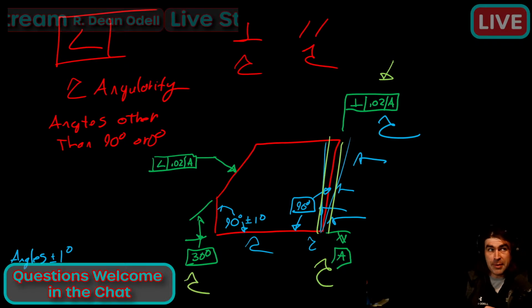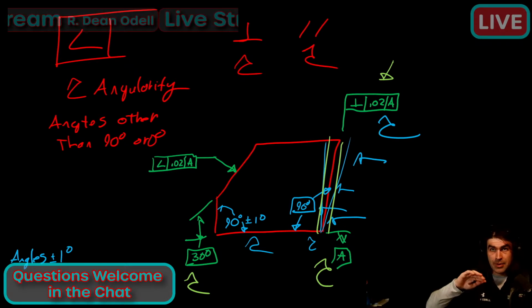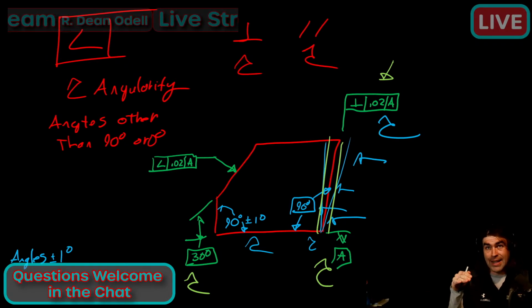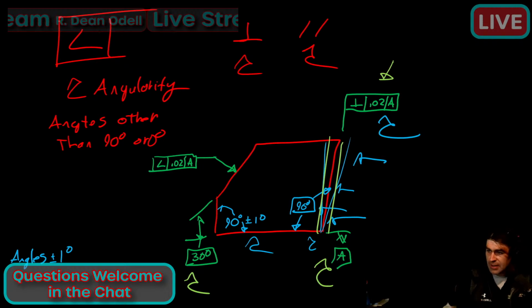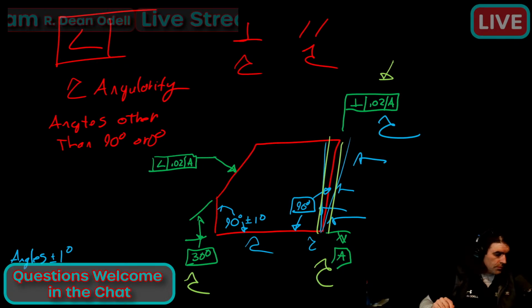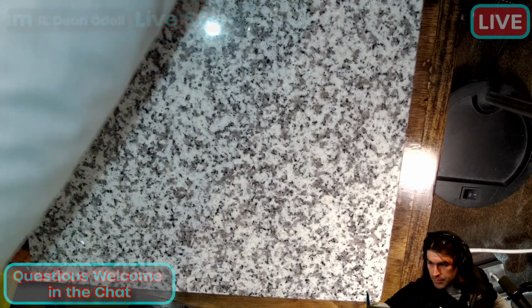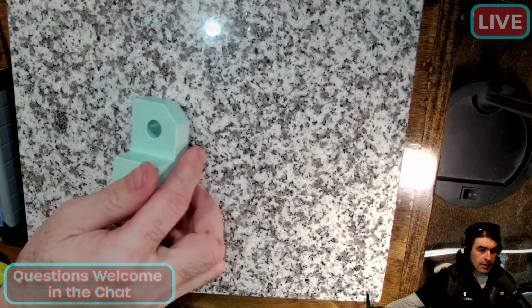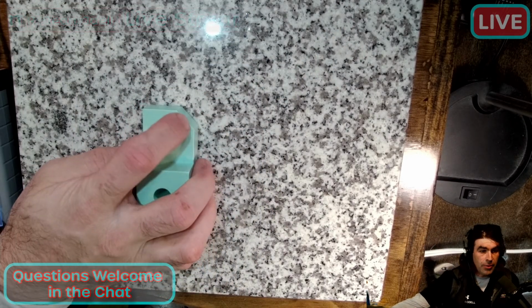I think the way to think about angularity is it's just parallelism at an angle. Say I have this little block with this angle.